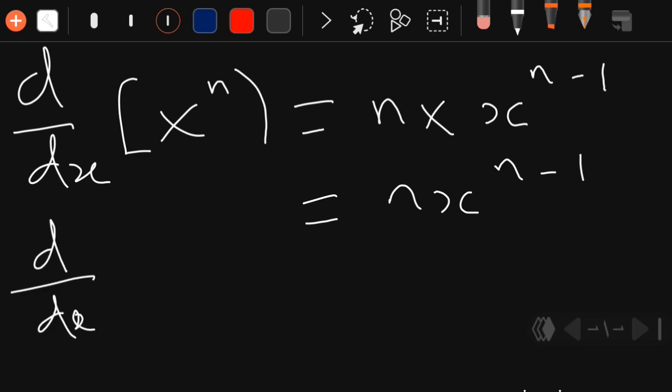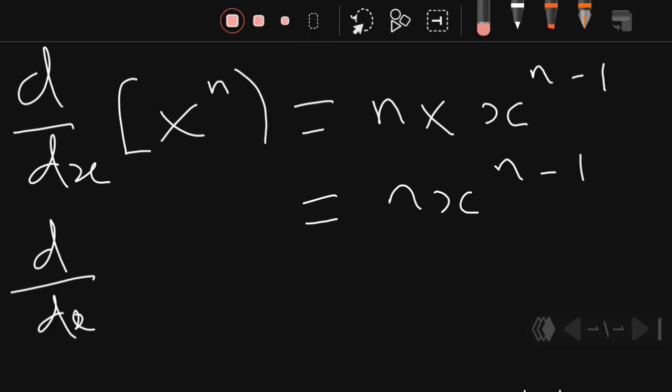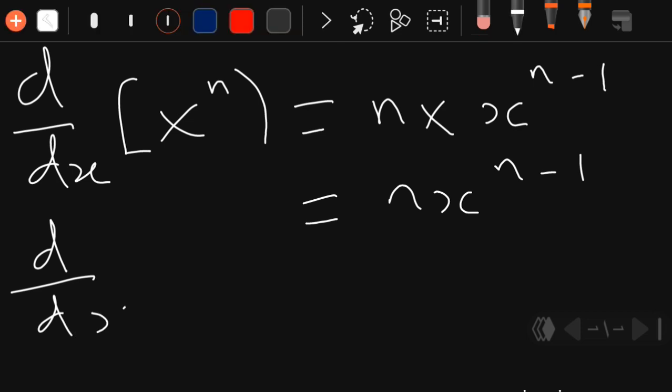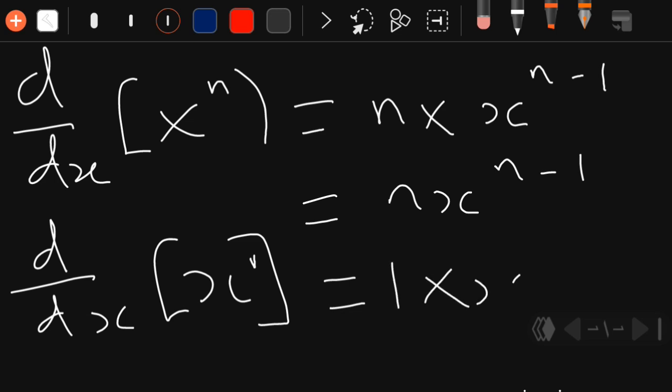differentiation of x? How is it going to be? The differentiation of x, you see, when you look properly, it has a power of 1. So drop that power and multiply it with the coefficient of x, which will be 1 times x.